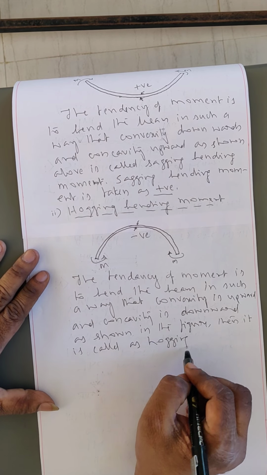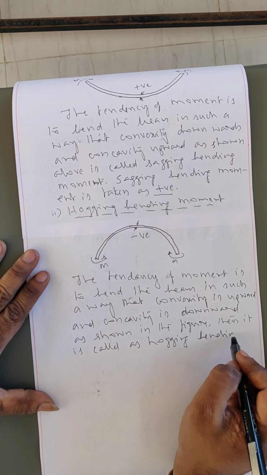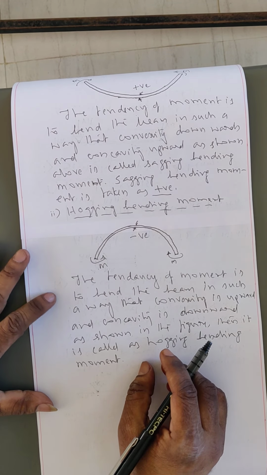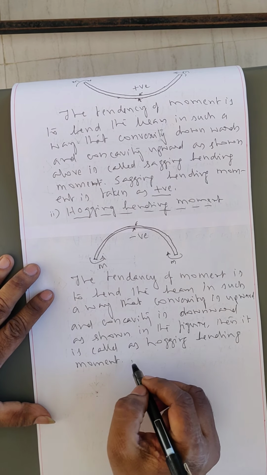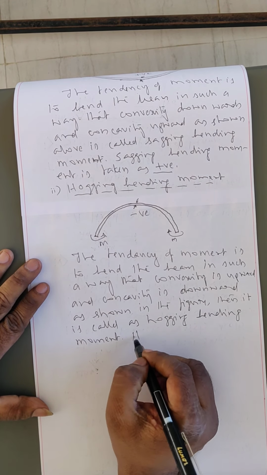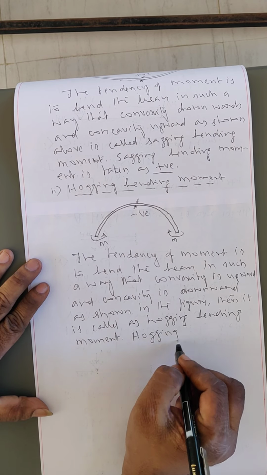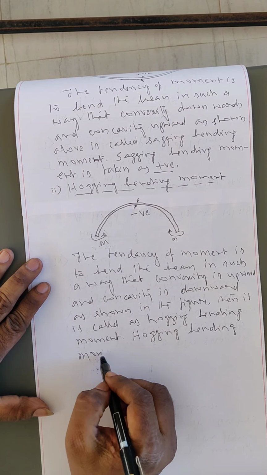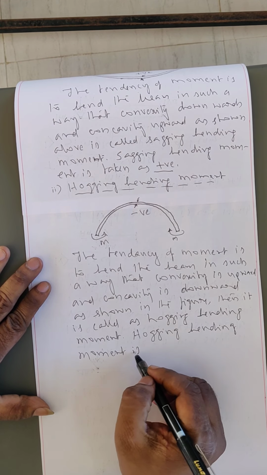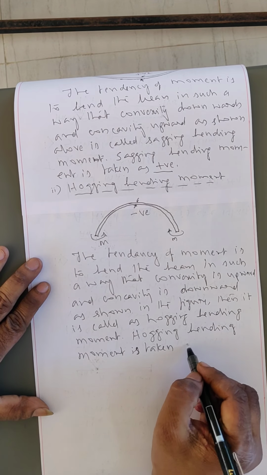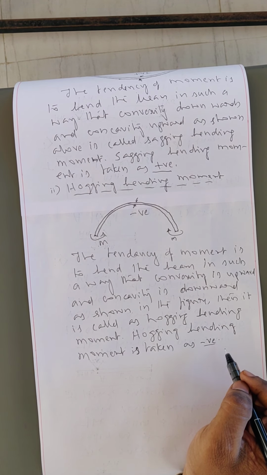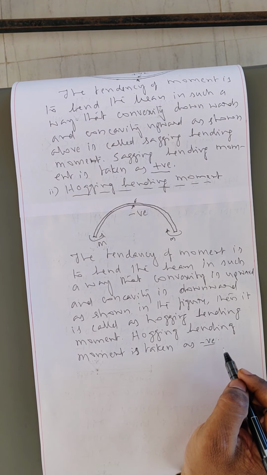Hogging bending moment is taken as negative. Therefore, the hogging bending moment is negative, and sagging bending moment is positive.